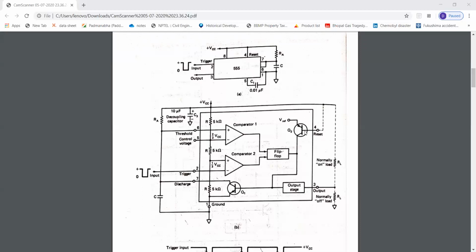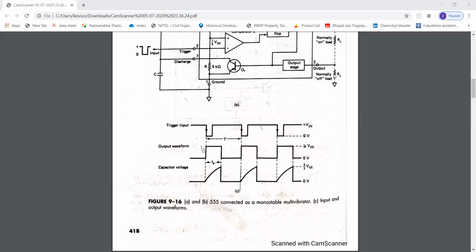So the output of this monostable multivibrator will remain in low state until the next trigger pulse is applied, and then the cycle repeats.